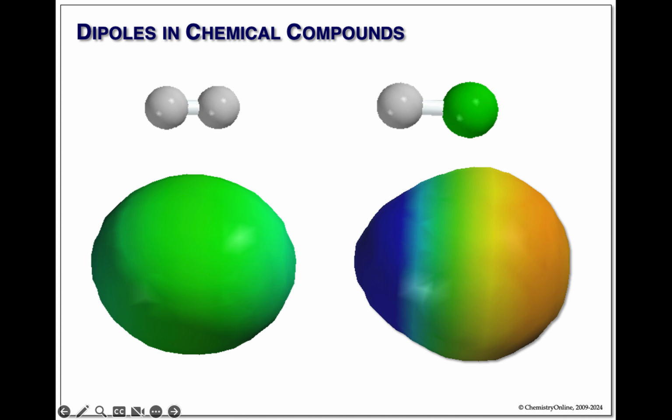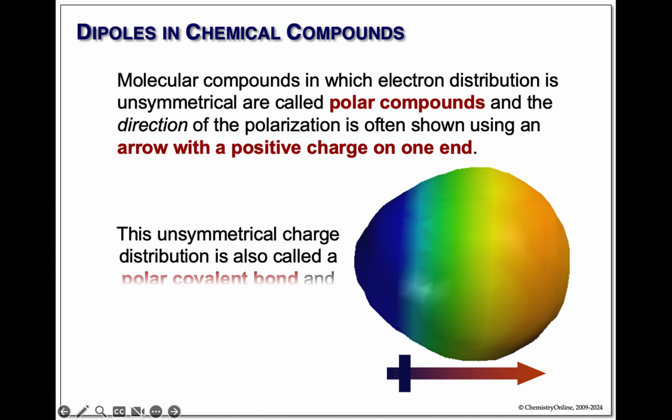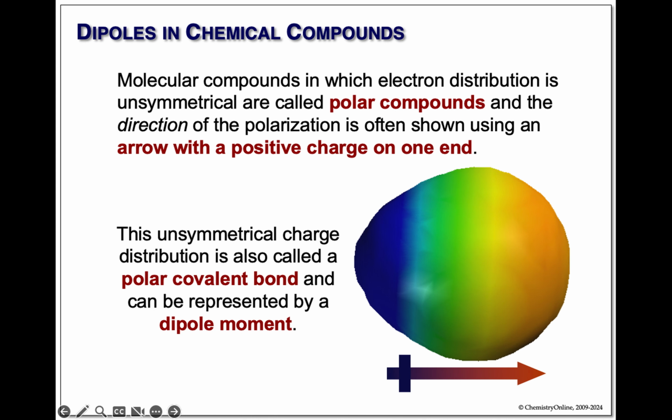HF, very, very skewed with the electrons mostly by the fluorine. We can show this charge distribution using what's known as a dipole. It's really just an arrow with a positive sign on one end. And this shows that this covalent bond here is polarized. Positive on this end, negative on this end.